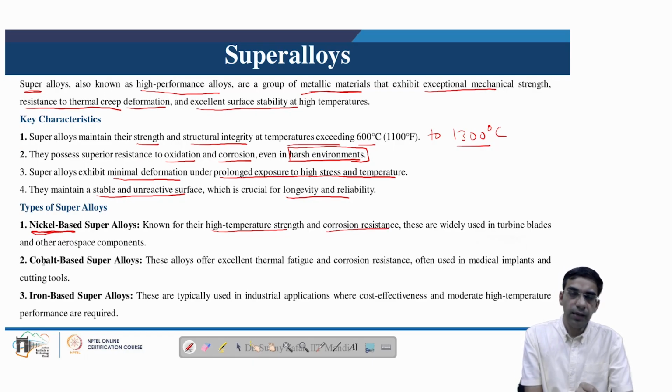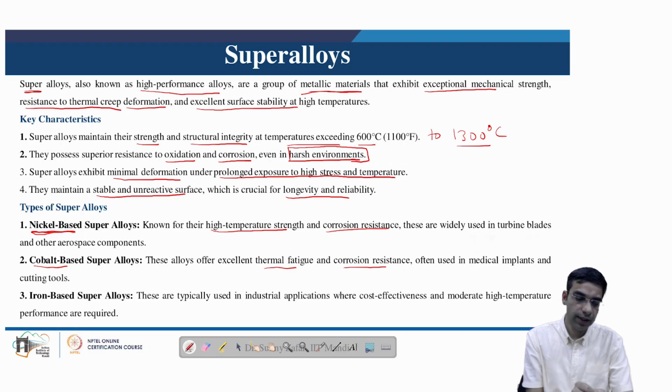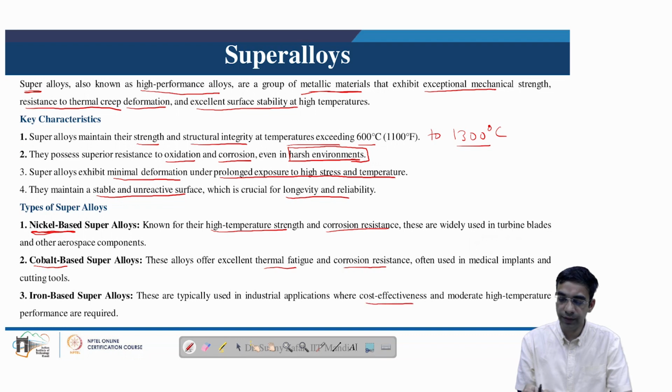Another type of superalloys are cobalt based. Cobalt based superalloys offer excellent thermal fatigue and corrosion resistance, and they are often used in medical implants or cutting tools. Then there are also iron based superalloys which are typically used for industrial applications where cost effective and moderately high temperature performance is required.